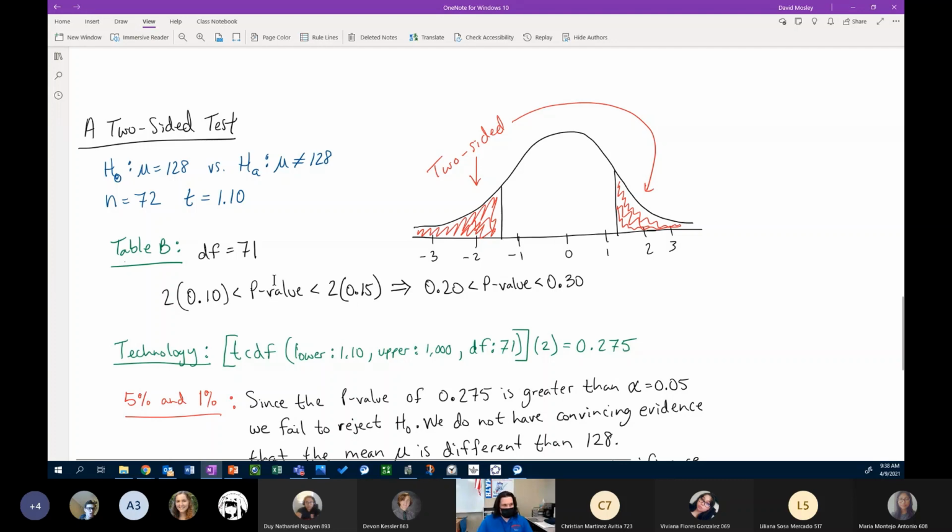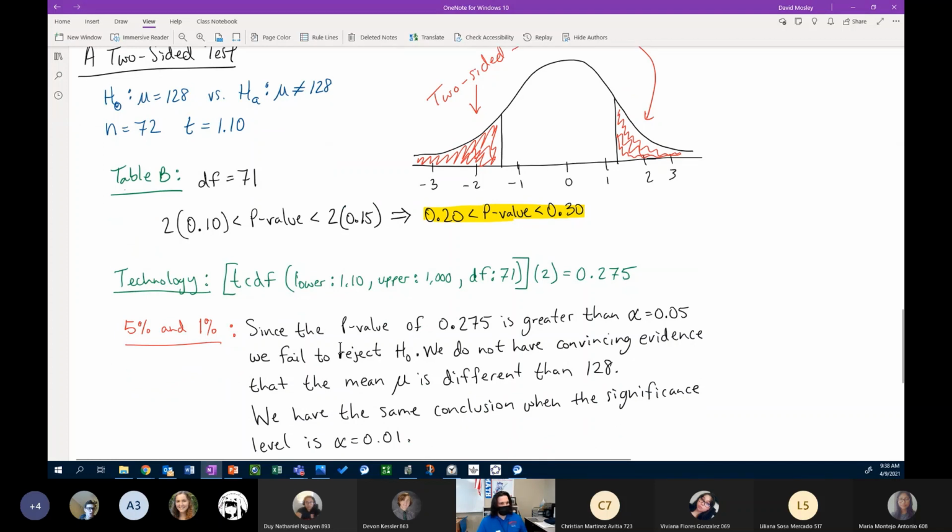If it was one-sided, we would have the p-value between 0.1 and 0.15. Because it's two-sided, we now double each of those, and we get a p-value between 0.2 and 0.3. So the p-value is greater than 0.2, but less than 0.3. We can again use the tcdf function, but in this case, we will set it up as a one-sided test and then multiply the result by 2.